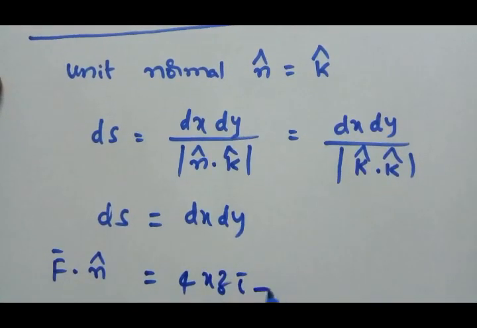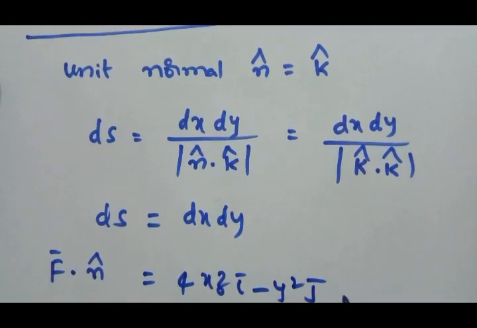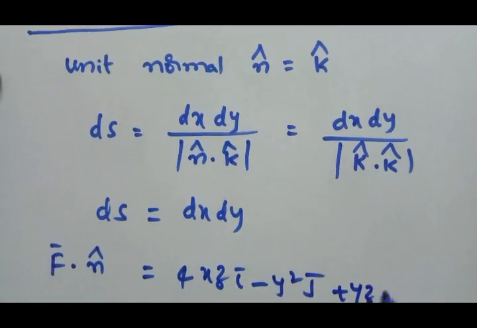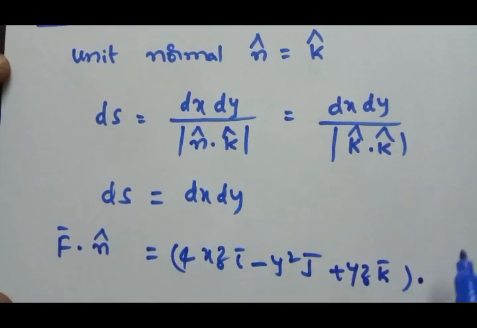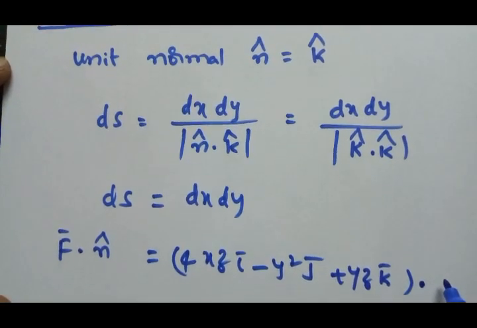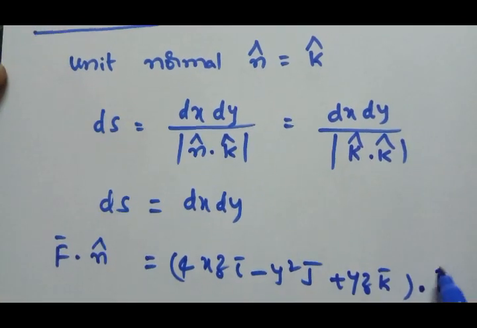And f bar dot n cap, as I already showed, is 4xz I bar minus y square j bar plus yz k bar dot n cap, that is k cap.